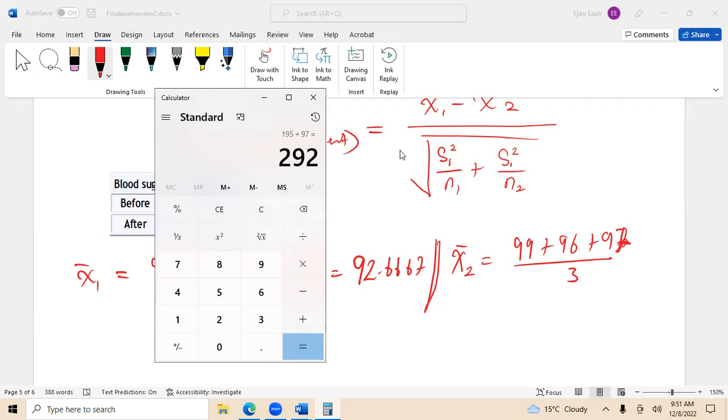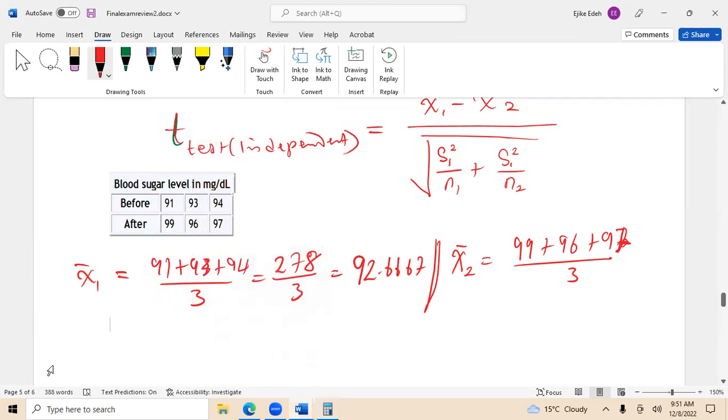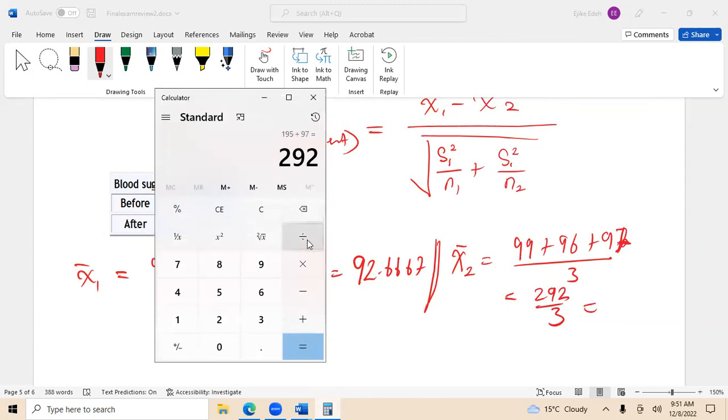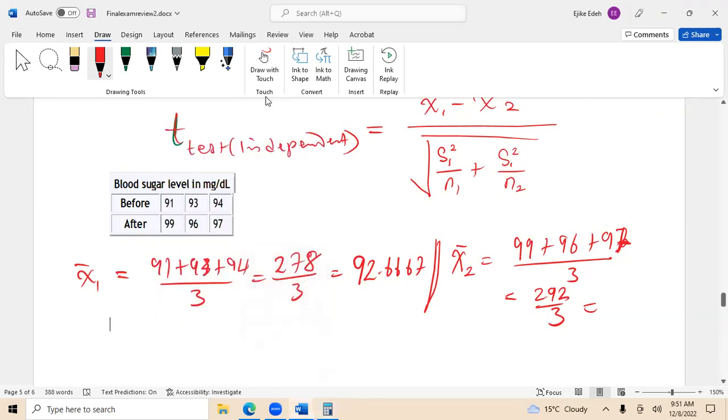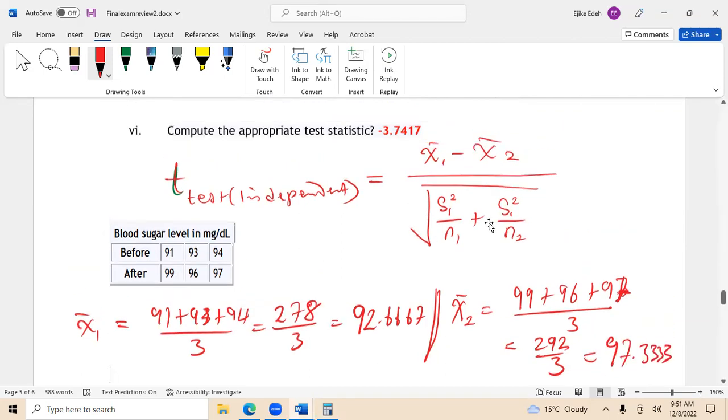And we have 292. We are dividing this by 3. That gives us 97.3333. So let's again keep the 4 digits, right? 97.3333.